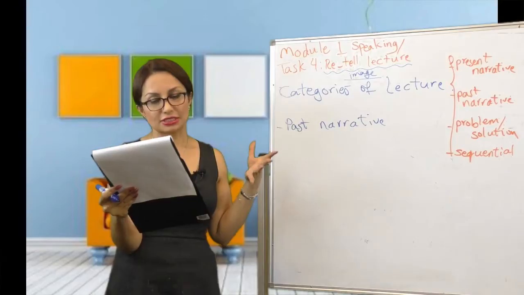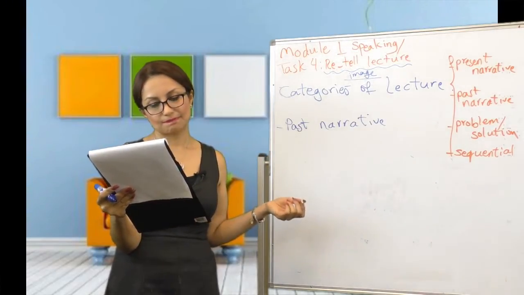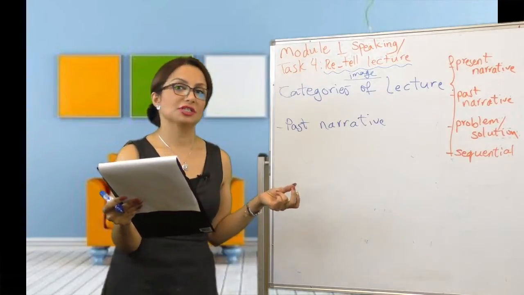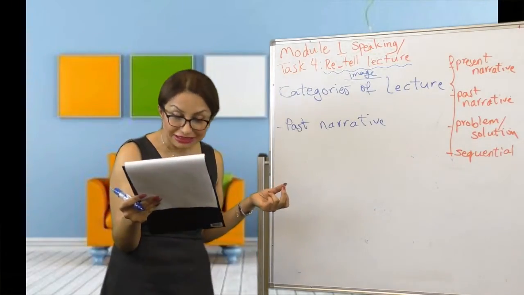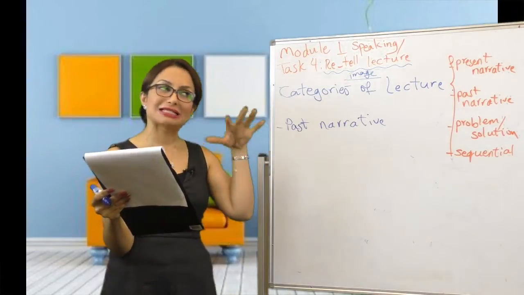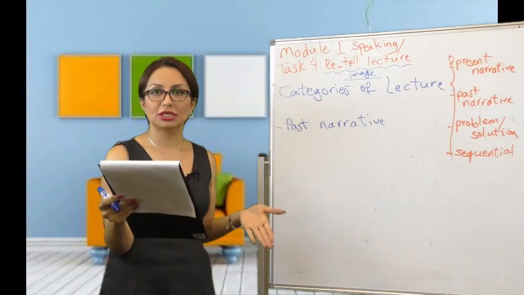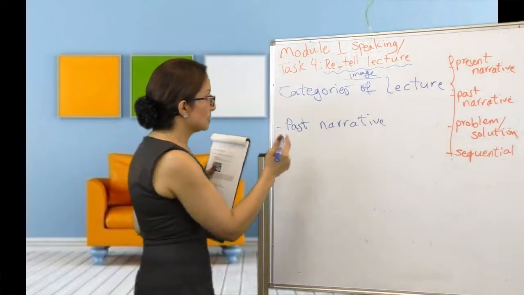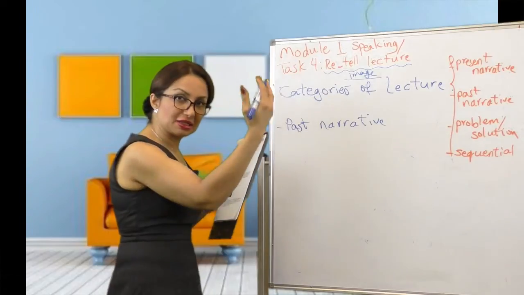What does it suggest? What do you see? Yes, this is the image of an old-fashioned city with tall buildings and smoke or pollution. So it suggests pollution in, for example, old times. Since the time is referring to the past, it is past narrative.